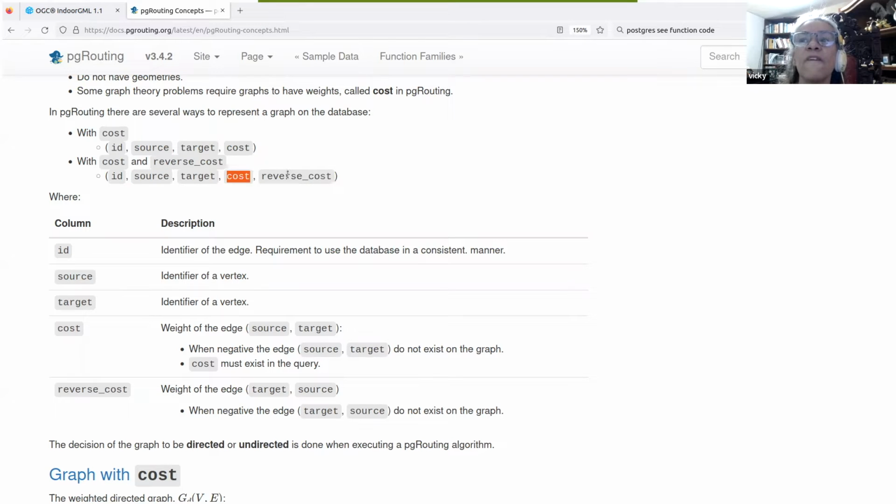These two values can be different. So it might be different: to go from source to target, maybe just give a value of 5, and from reverse cost, from target to source, let's give a value of 3 for the weight, okay?